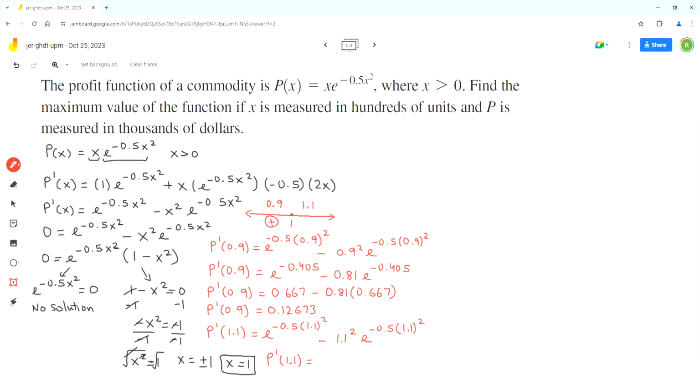So first we can simplify the exponent, negative 0.5 times 1.1 squared. So I got e to the power negative 0.605 minus 1.1 squared, which is equal to 1.21, times e to the power negative 0.605.